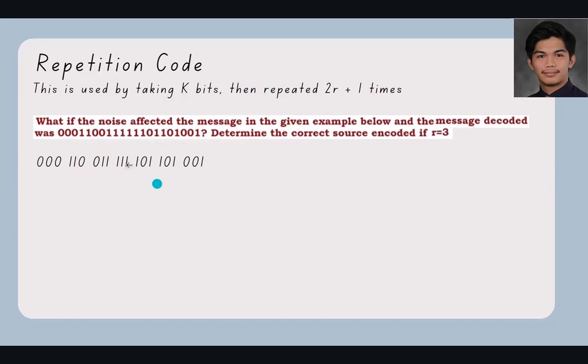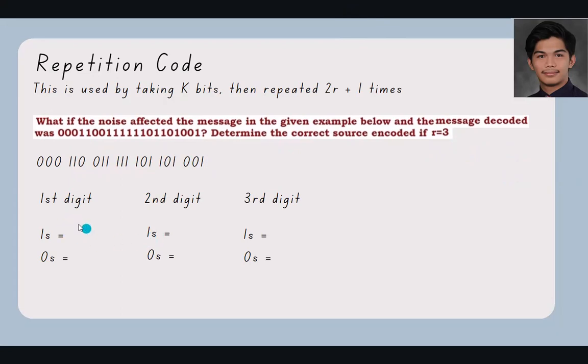After doing this process, you will find the first, the second, and the third digit. Since r is equal to 3, this means that the source encoded message is actually 3 bits.